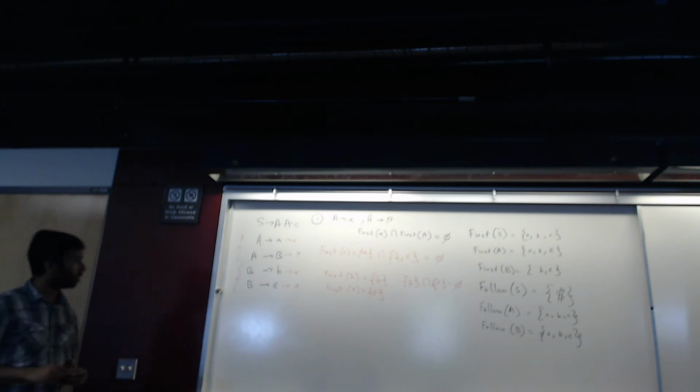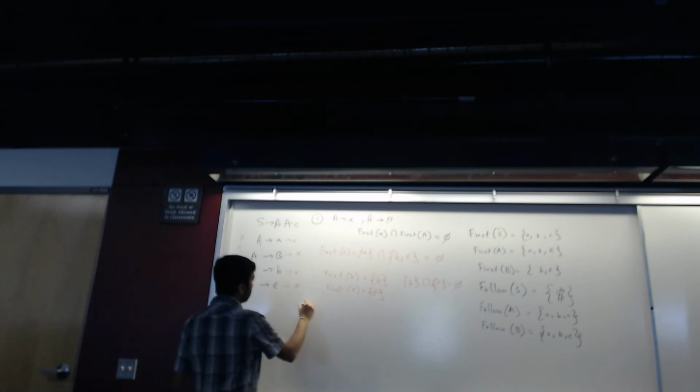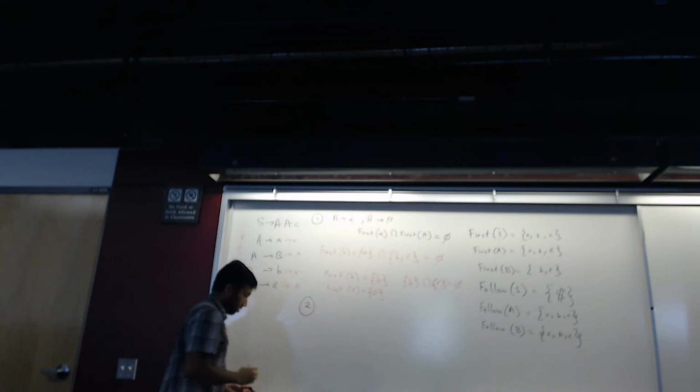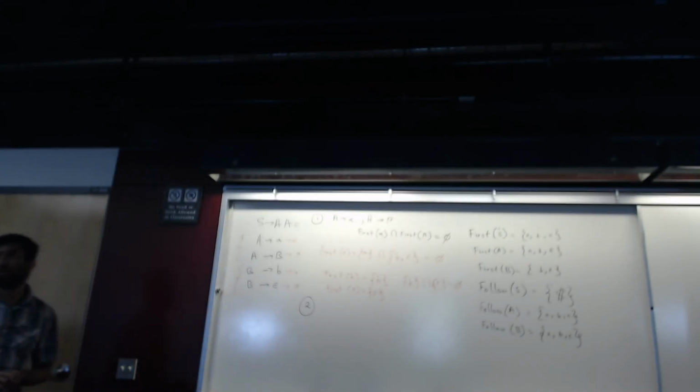What is the second rule? What does the second rule say? If epsilon is in the first of A, then first of A intersect follow of A equals empty set.